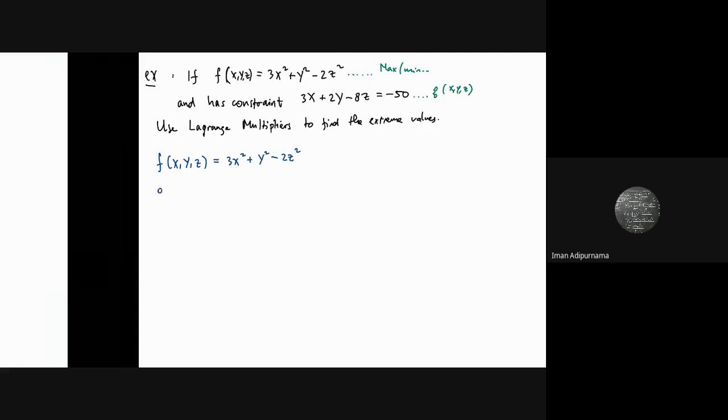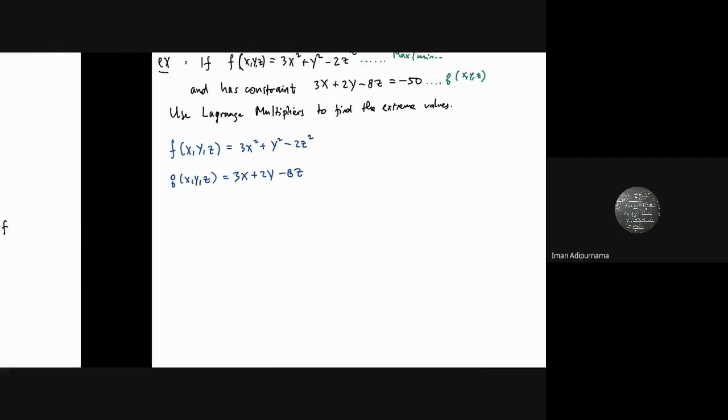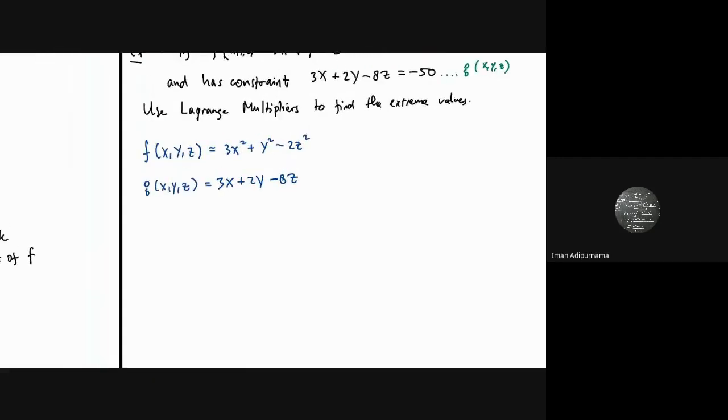Or maybe I will write the g first. The g will be 3x plus 2y minus 8z. No need to write the constant because the gradient will make the constant 0, right? So this is just all the variables that we need.